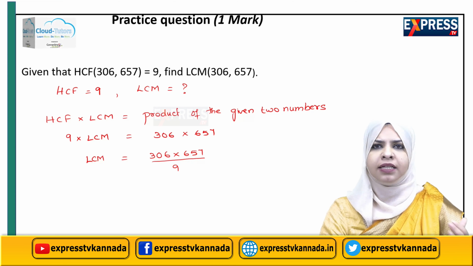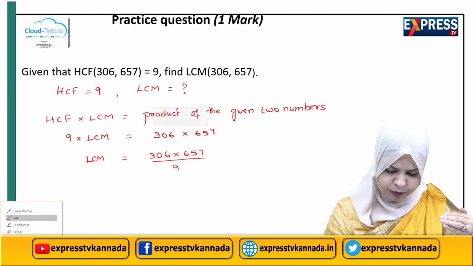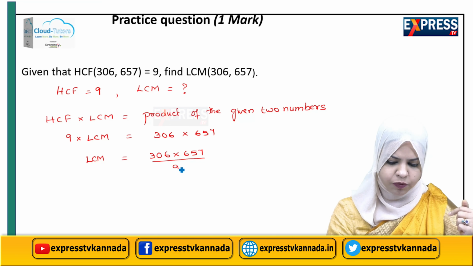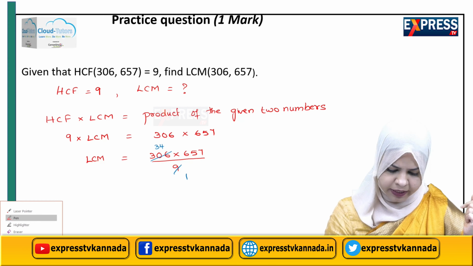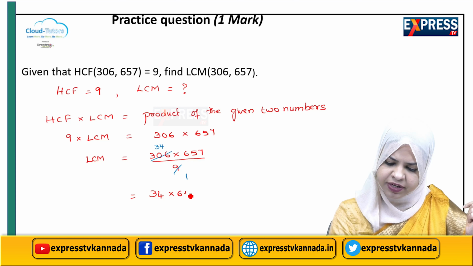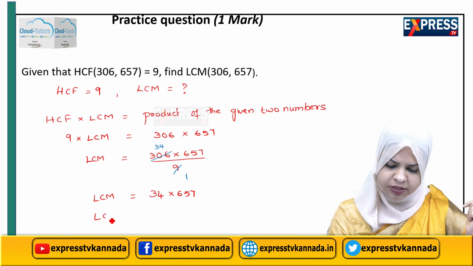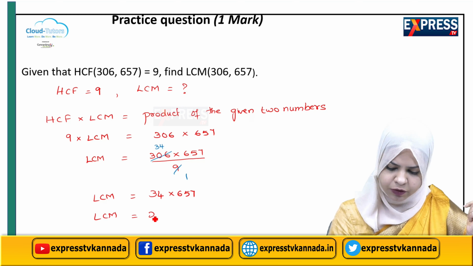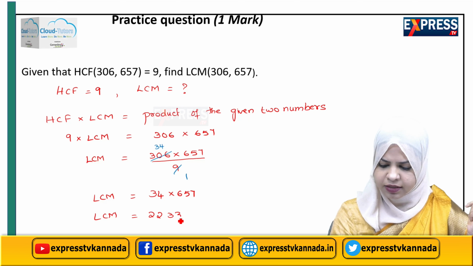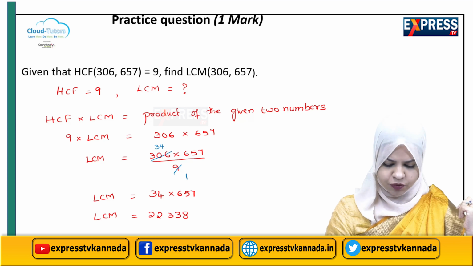The number becomes big and the division becomes difficult. So what you do is try and simplify at this point itself. 9 ones are 9, and this is 34 times. So my LCM would be 34 into 657. So the product of these two numbers is 22,338. Okay, so let's see the next question now.